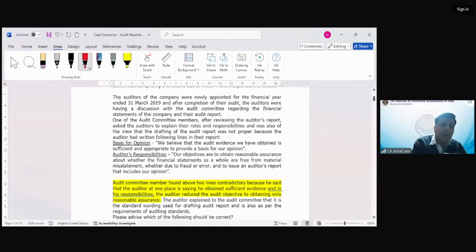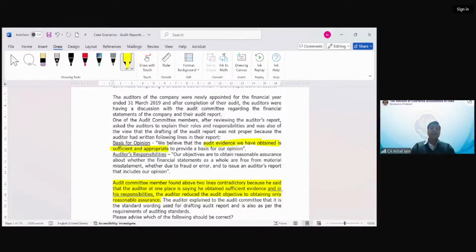So what is their argument? They are saying at one place, the auditor is quite comfortable. Why? Because the auditor is making this statement: we have obtained sufficient and appropriate audit evidence.